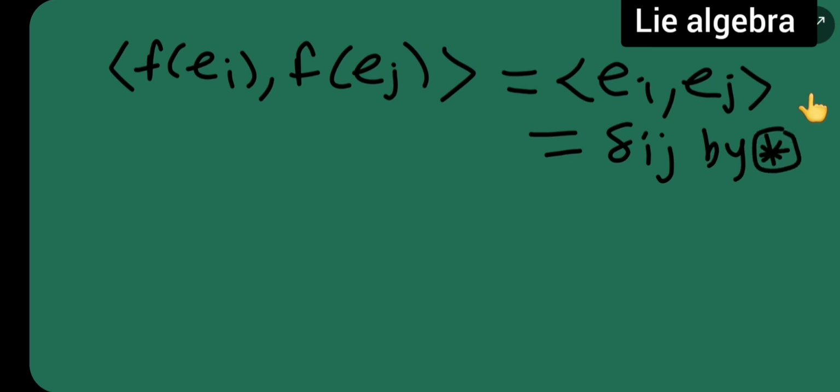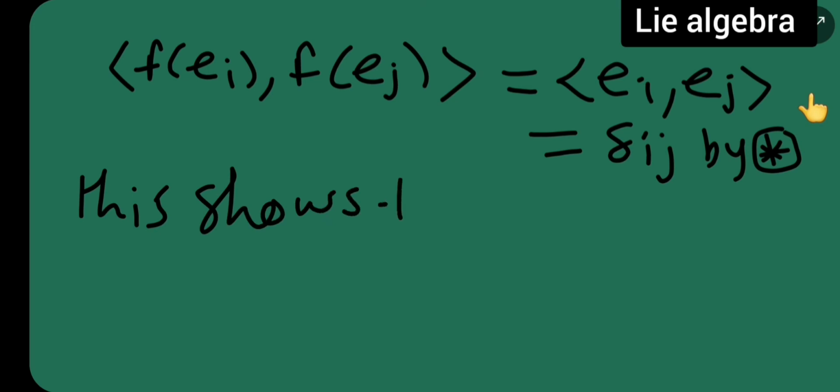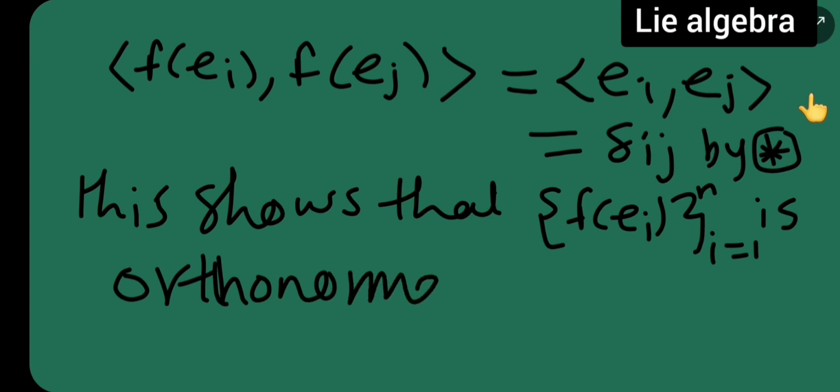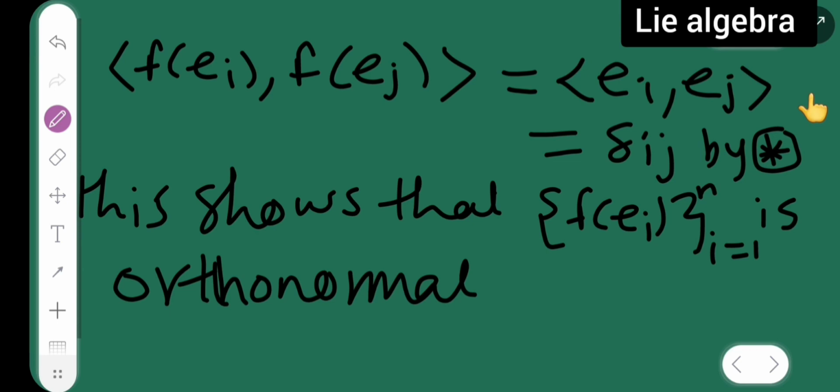Next, this shows that the sequence f of e_i, i equal to 1 to n, is orthonormal.